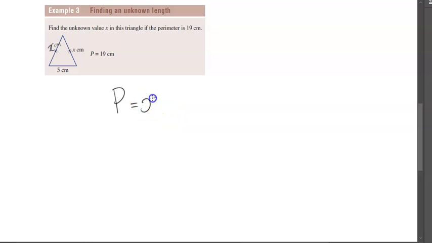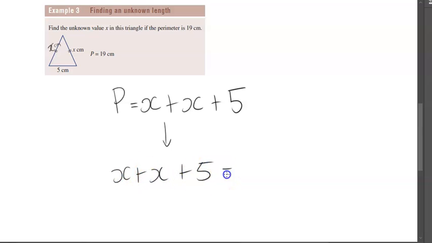It's going to be whatever x is, plus x again, plus 5. But we also know x plus x plus 5 has to be 19 because it's already given me what the perimeter is.